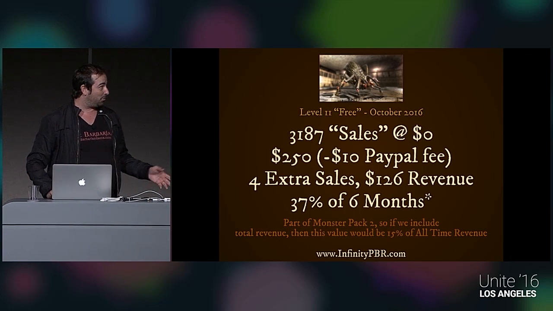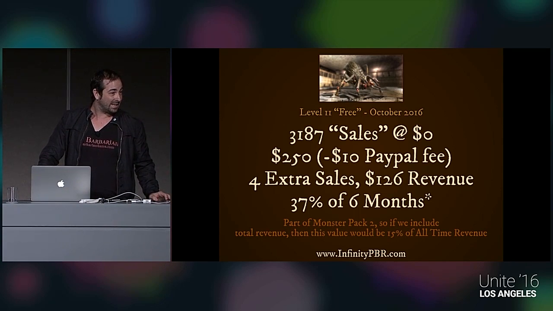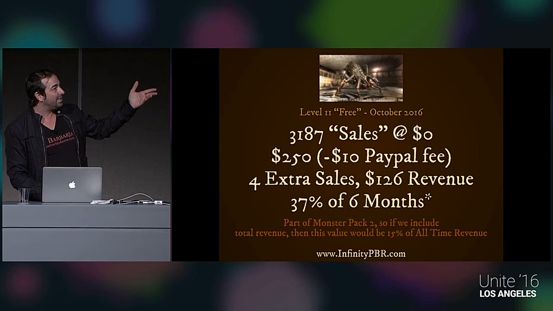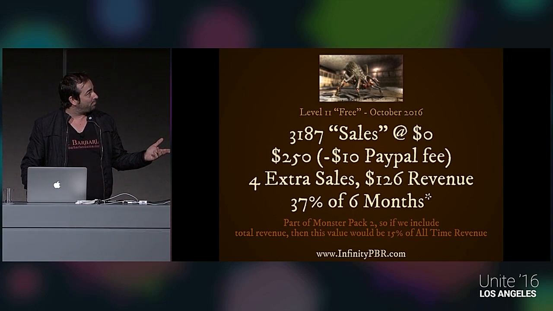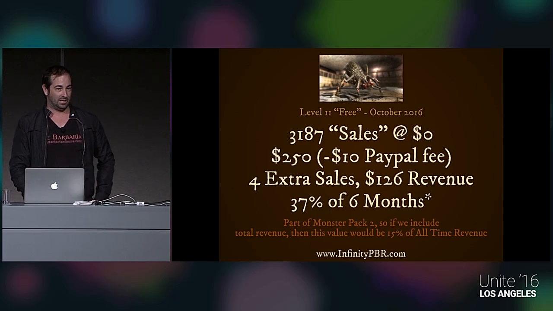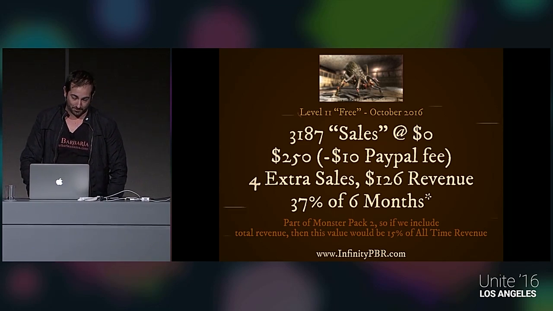That little extra money equals 37% of its total take in the past 6 months since it was released, because it hasn't made that much money overall. Therefore, even though it really didn't make that much money during the sale, I'm completely happy with it still. I'm hoping that at some point during the coming year those 3,200 people end up maybe buying something else, but you never know. So those are all the sales at this point that Unity has had.